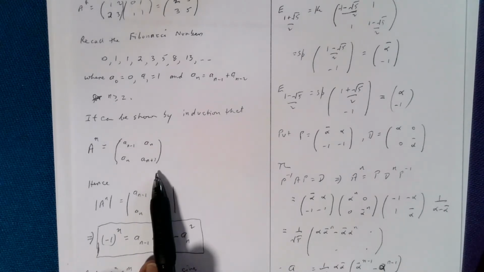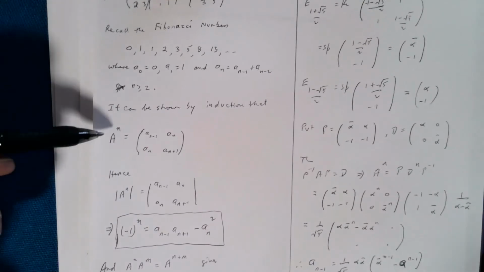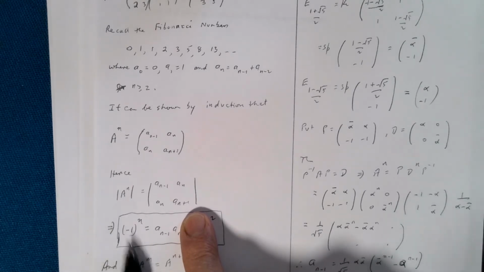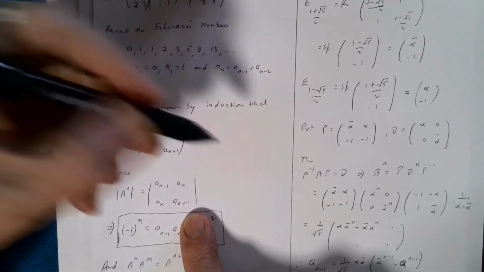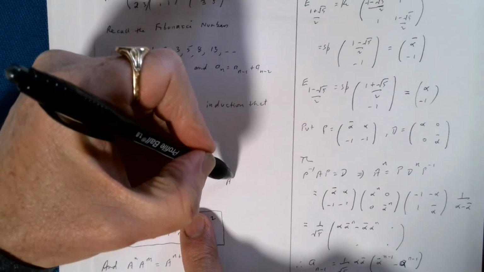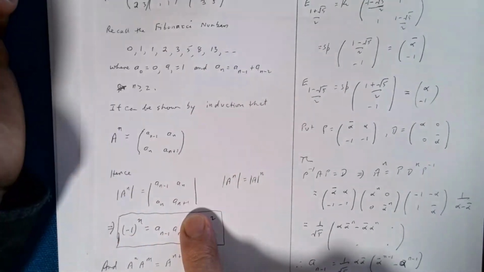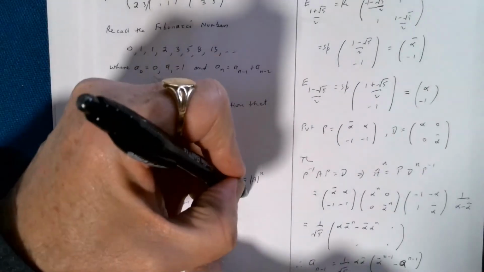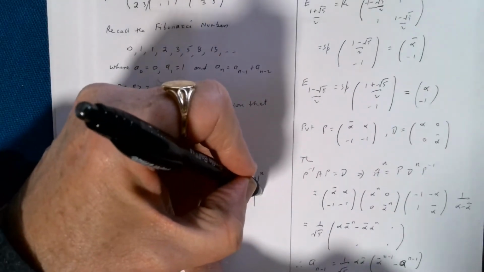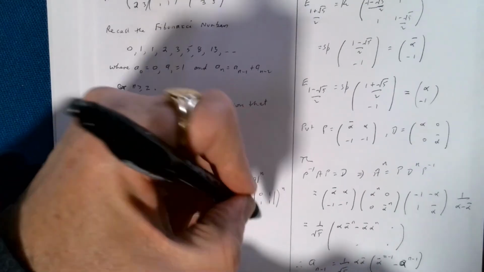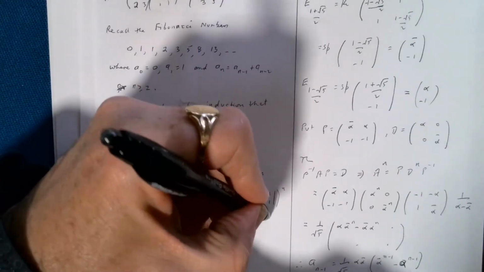Now, immediately we can get some lovely things out of this. One is tempted to take determinants of both sides, and so I shall give in to temptation and take the determinant of both sides. Of course, the determinant of A^n is just the determinant of A all to the n. And that's the determinant of the matrix 0, 1, 1, 1 all to the n, and that just gives me (0 minus 1) to the n, which is (-1)^n.